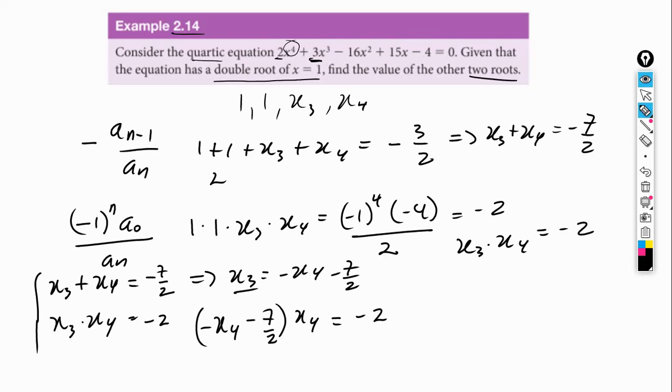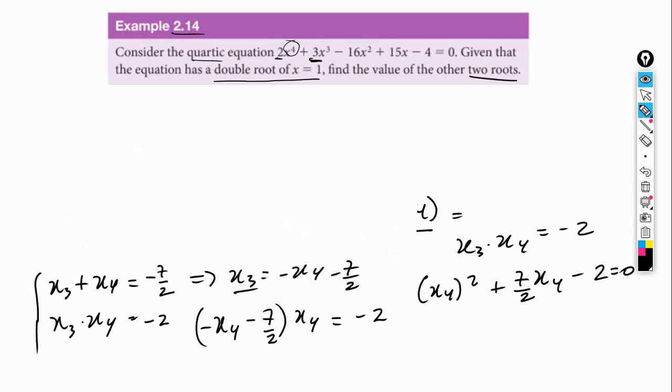has to equal -2. Okay, then if we rearrange this, we're going to get that x4 squared plus 7/2 times x4 minus 2 is equal to 0. Okay, then from here, if we multiply everything by 2, we're going to get that 2x4 squared plus 7x4 minus 4 is equal to 0.